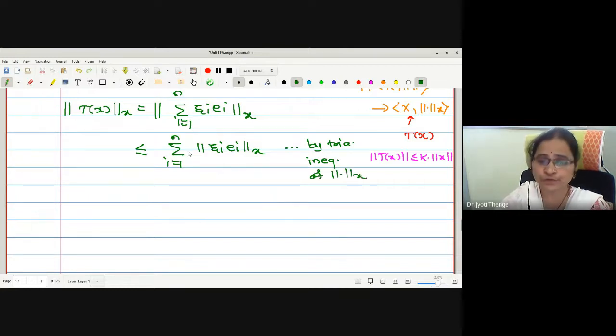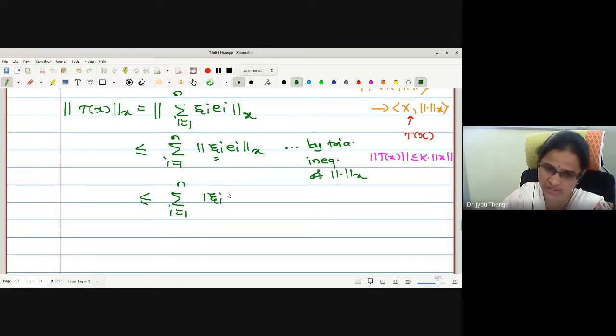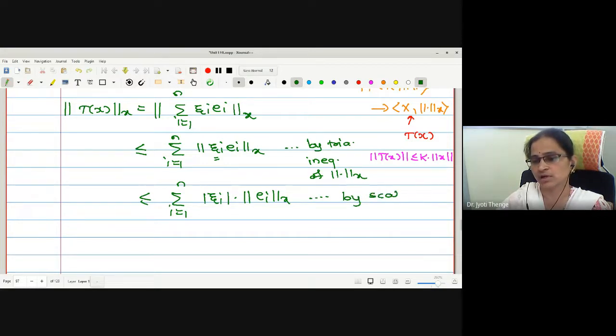Now let me use the fourth property of this norm x. Knowing zetas are scalars, how can I take it out from the norm? Modulus. Yes, it is mod zeta i times norm x of e i, by the scalar multiplication property of norm x.